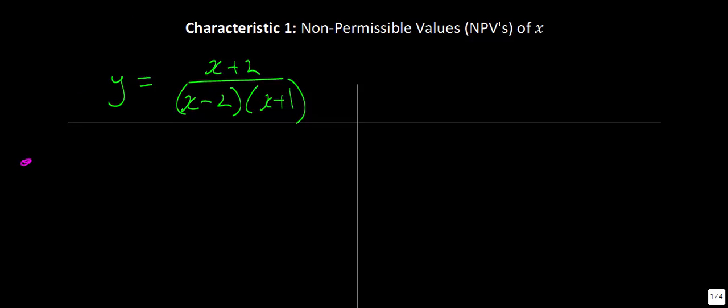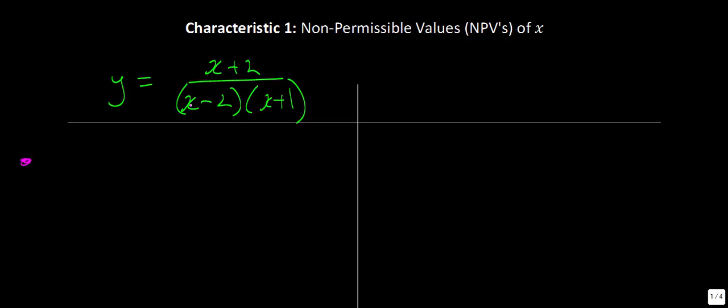If I give you the example y is equal to x plus 2 all over x minus 2 times x plus 1, my guess is most of you pretty quickly can find out what the non-permissible values are. All you do is you look at your denominator right here and you consider, are there any values that x could not be that would turn this into being 0?